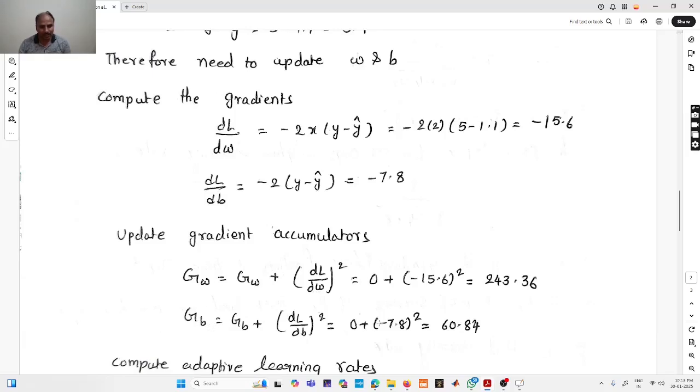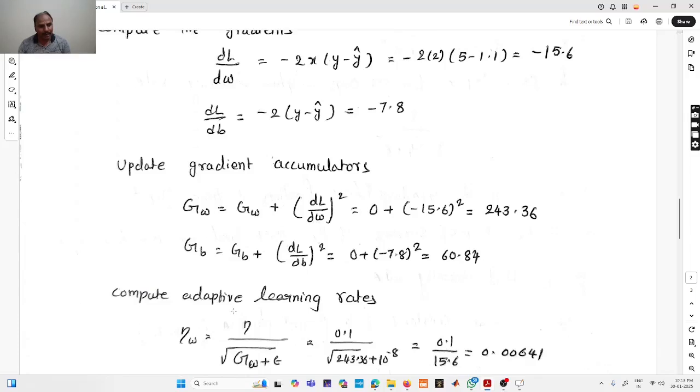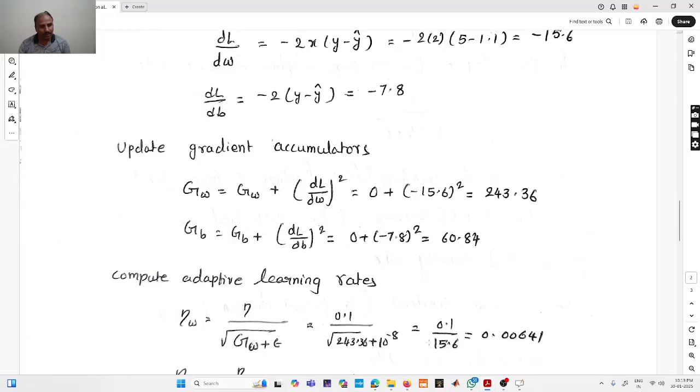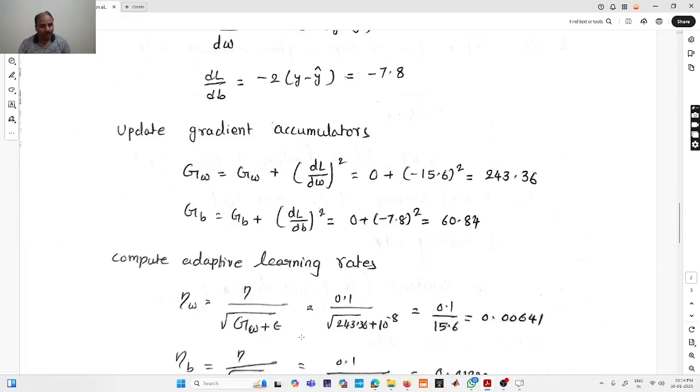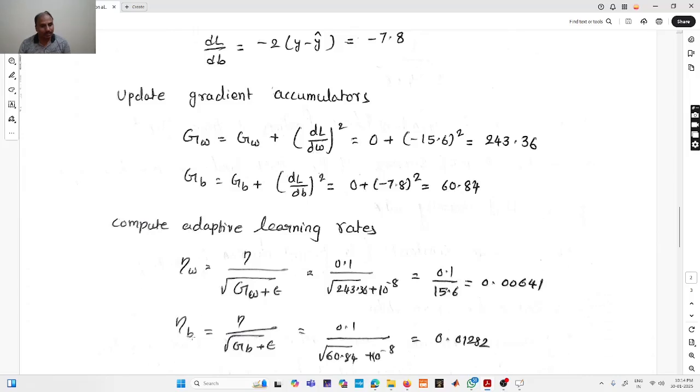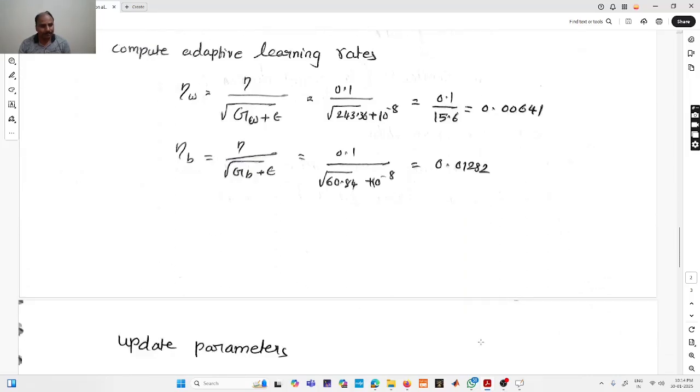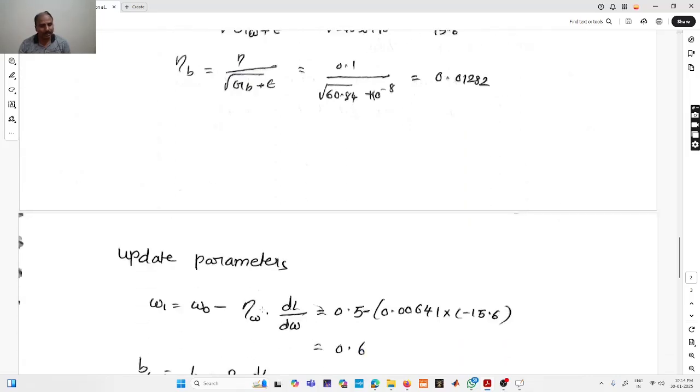Then compute the adaptive learning rates. The initial learning rate is 0.1, and after substituting, the new learning rate is 0.00641. Similarly for the bias, the learning rate is 0.01282. Now updating the parameters, the formula is slightly modified.